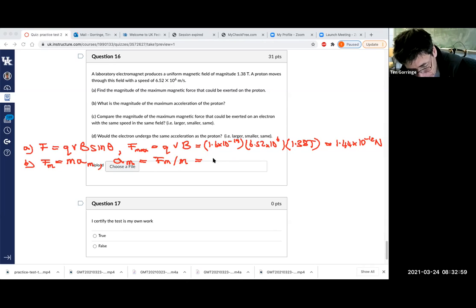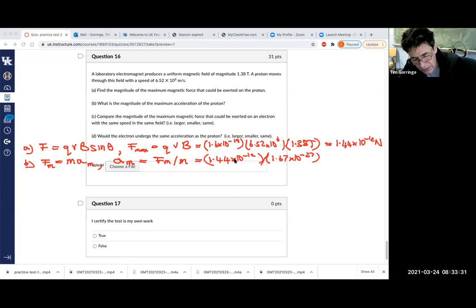Now we know the force, 1.44 times 10 to the minus 12 newtons. We know the mass of a proton. Well, I had to look up the mass of a proton. 1.67 times 10 to the minus 27 kilograms.